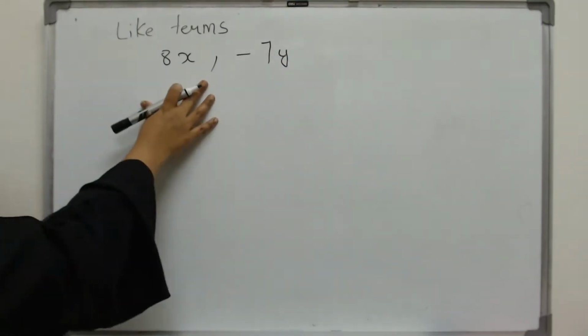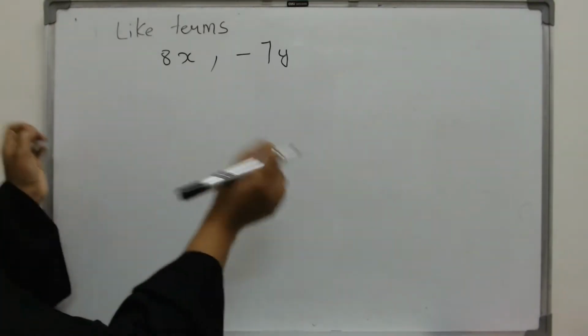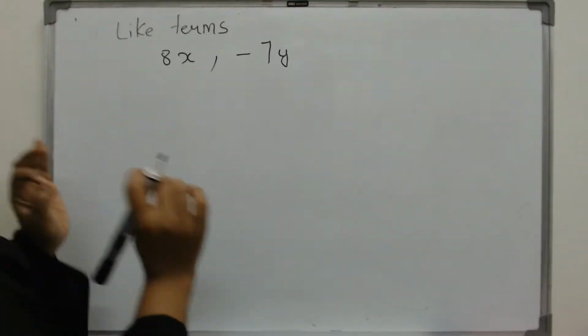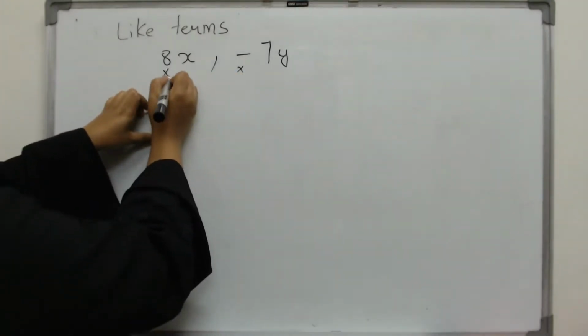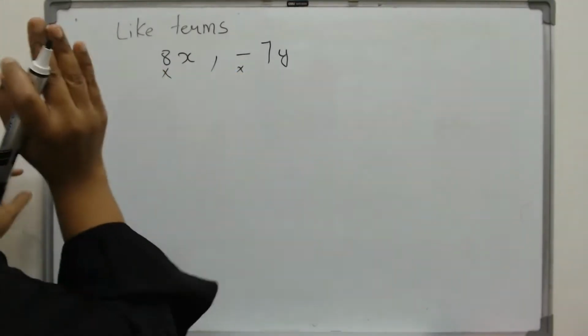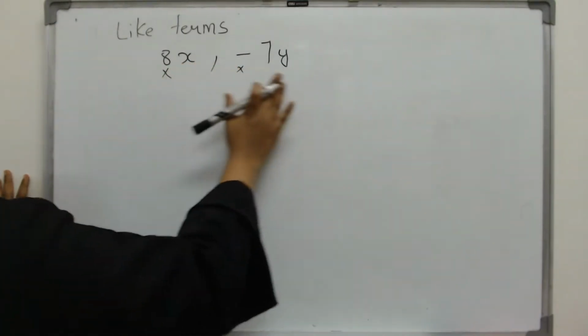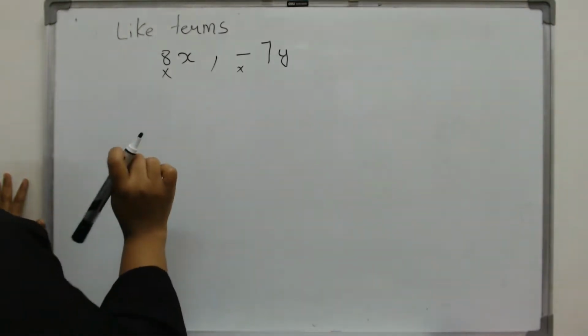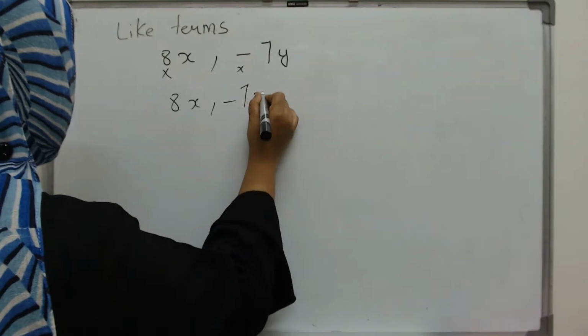See these two terms? These are terms which have different variables. It is only the variables that count, not the sign, not the constant term, nothing. Just the variables. So these two are unlike terms. Now what about 8x and minus 7x?